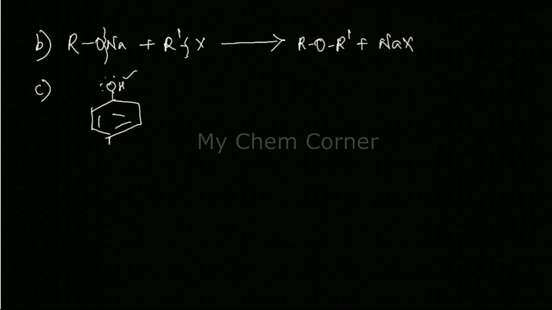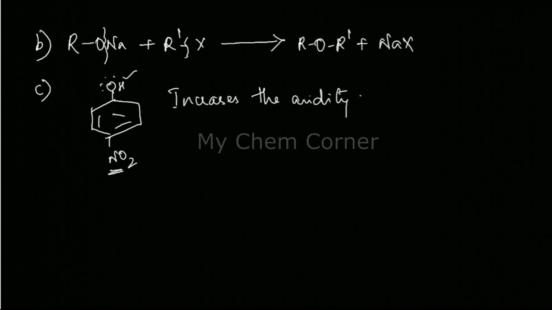Now what will happen if I'm adding an NO2 group here? That pulling of the electrons into the benzene ring becomes more because this group here is an electron withdrawing group. So the effect will be more, making it more acidic. Therefore you can write that in the presence of electron withdrawing group, the acidity increases. Alright, so these questions will carry 1 mark.